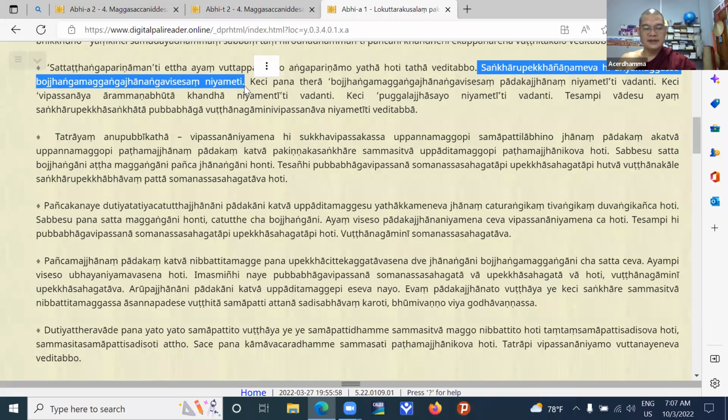How many factors will be in the magga? Some ariya magga has 7 maggaṅga only and 6 bhojjhaṅga only, then 4 jhana factors or 3 jhana factors.